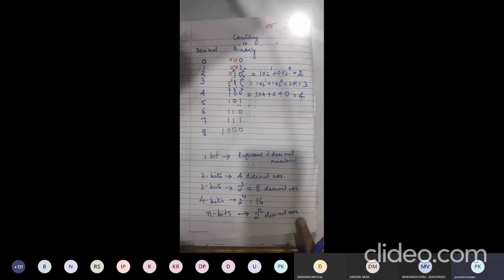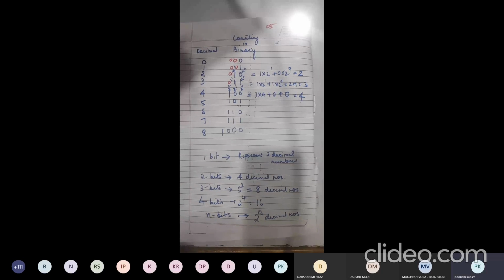Now, as I said, it is relatively easy to process digital signals as compared to decimal signals. So the processing or computation of digital data is usually carried out in the binary form, but the result is to be displayed in decimal form, right?